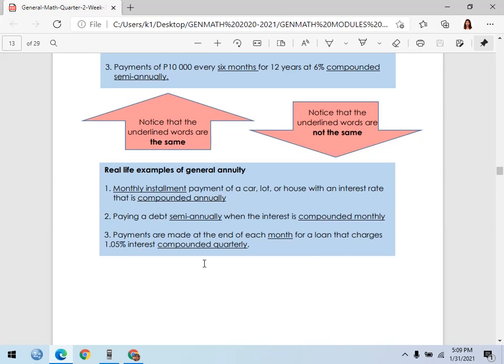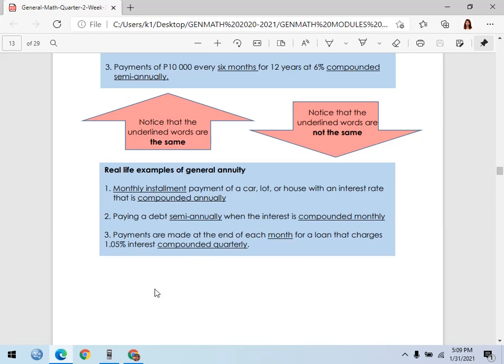Number 2, paying a debt semi-annually when the interest is compounded monthly. So, yung pagbabayad niya is semi-annually or twice a year, and then the interest is compounded monthly or 12 times a year. So, magkaiba ulit sila, therefore, it is general annuity.